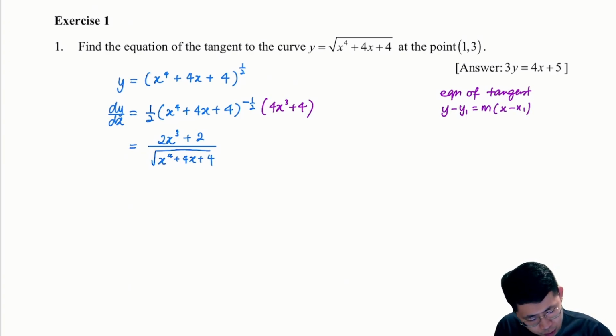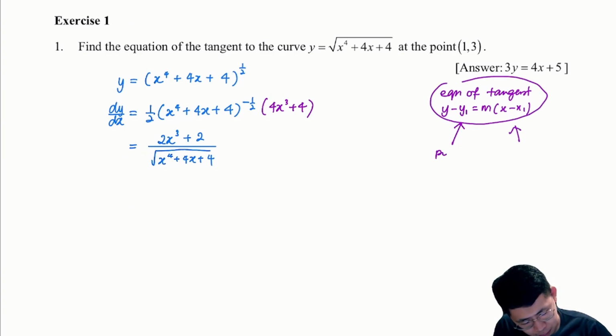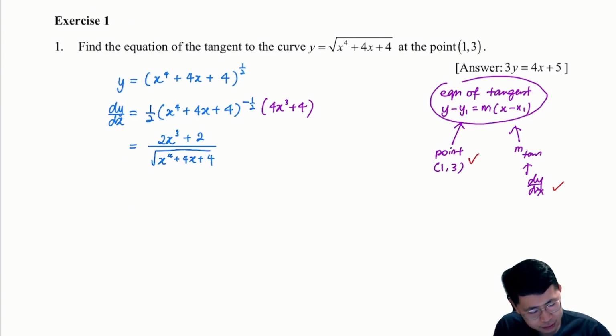So for the equation of tangent we will need two ingredients: the point and the gradient of the tangent. The gradient of the tangent comes from dy/dx, which is the step we have already completed. The point here is (1, 3), which is already given.